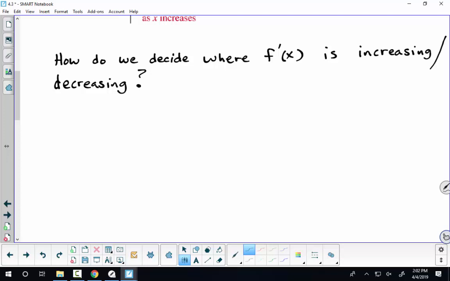So to answer the question about concavity, we have to, by definition, answer the question: where is the first derivative increasing and decreasing? How do we do that? Thinking back to what we just did, where is a given function f of x increasing or decreasing?